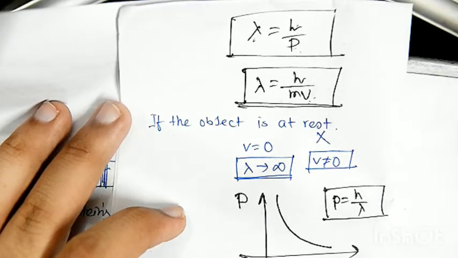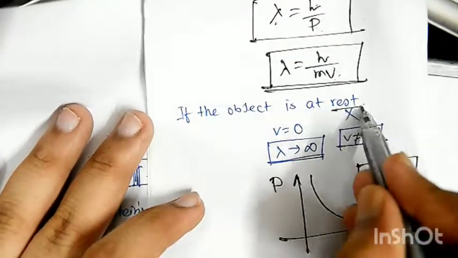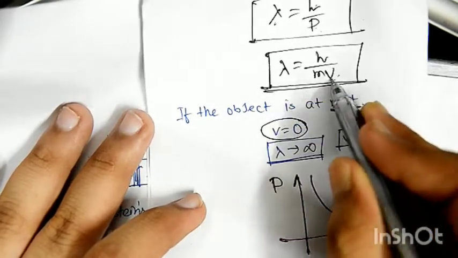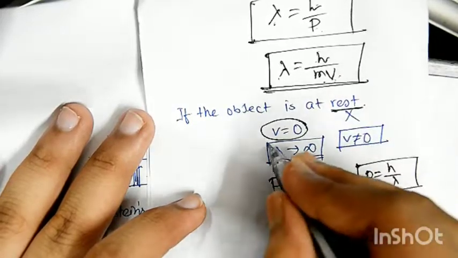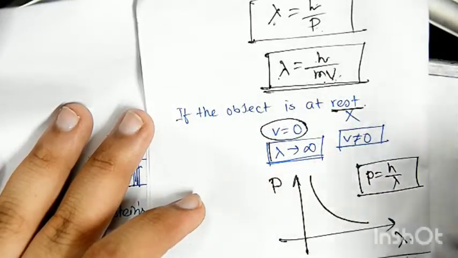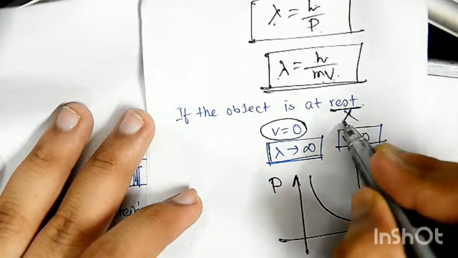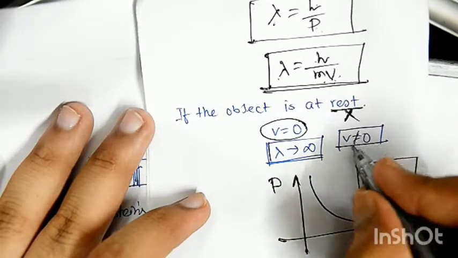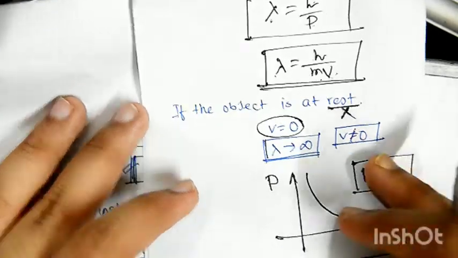One important characteristic that comes out from here is that if the object is at rest, its velocity is 0, so lambda becomes something divided by 0, that becomes infinite. So we can only get matter waves if the object is not at rest. The object must be in motion, that means velocity cannot be 0.